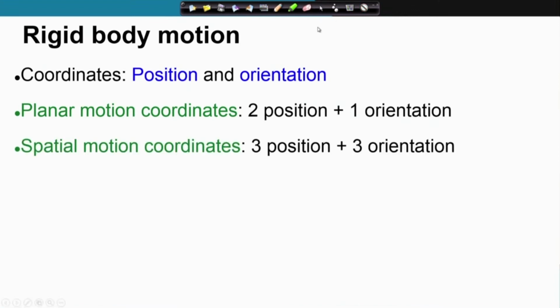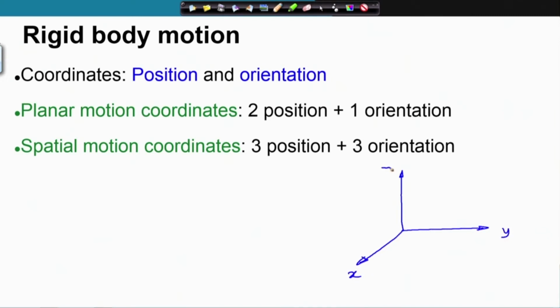For spatial motions, we require 3 position coordinates and 3 orientation coordinates. Suppose I have a body in which a line is fixed.